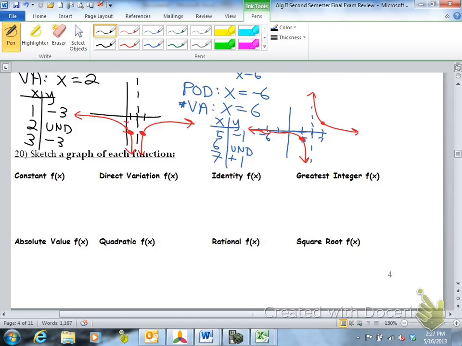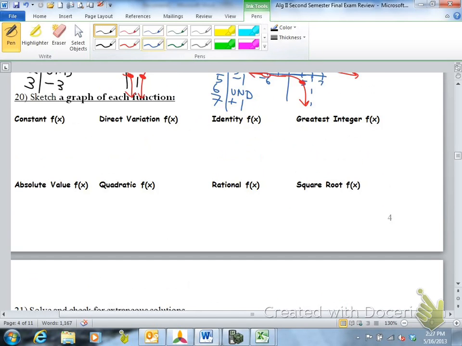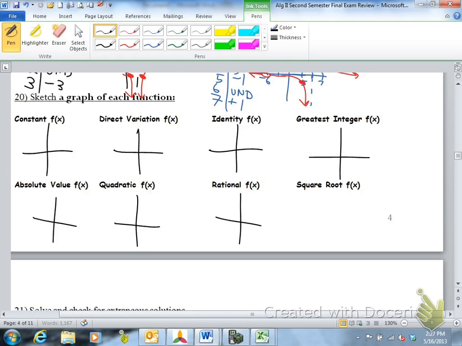Okay, on these, sketch a graph of each function. So here are some axes. I'll do those in black, and then we'll graph them in blue. Okay, so a constant function looks like what? A straight, horizontal line.